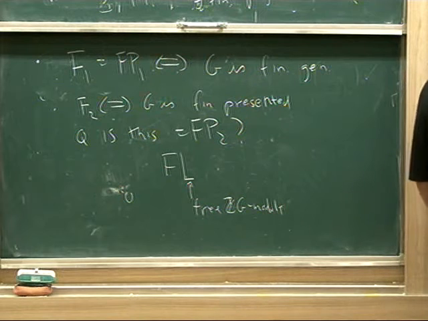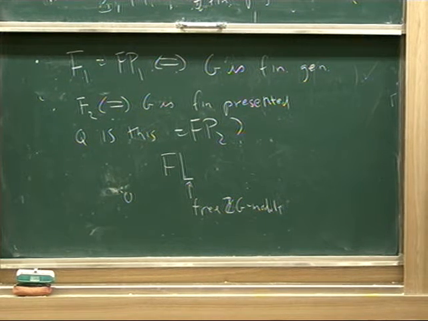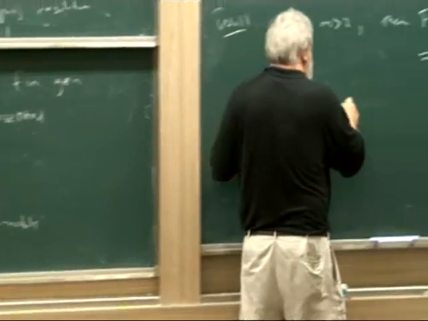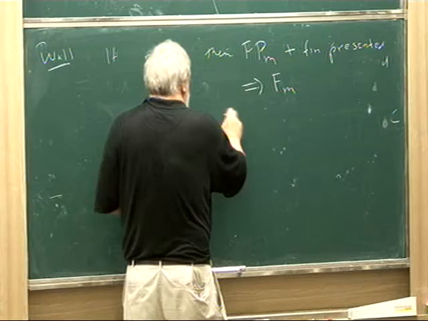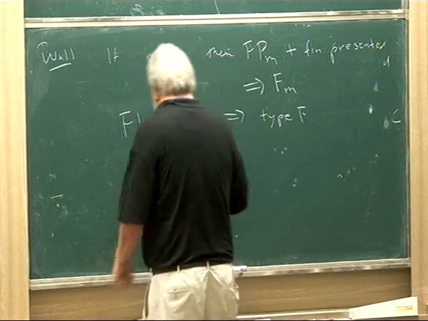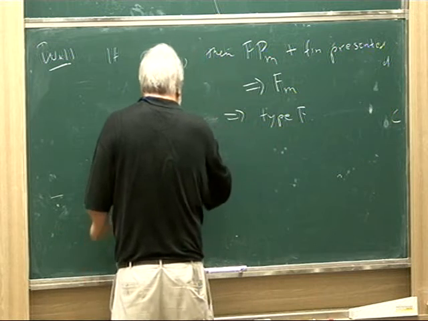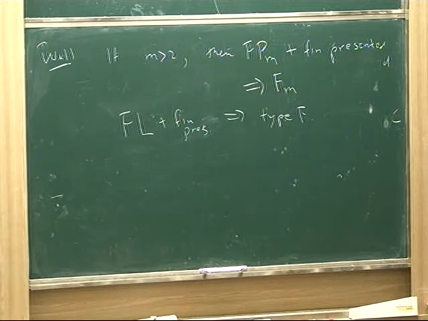So in general, he also said that if you have type FL, which is morally the same as FP plus finitely generated, that implies type F. So finitely presented. So the main difference is right here, where it was unknown if there were any examples.